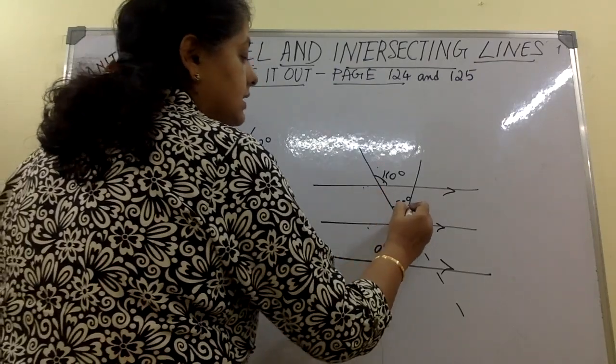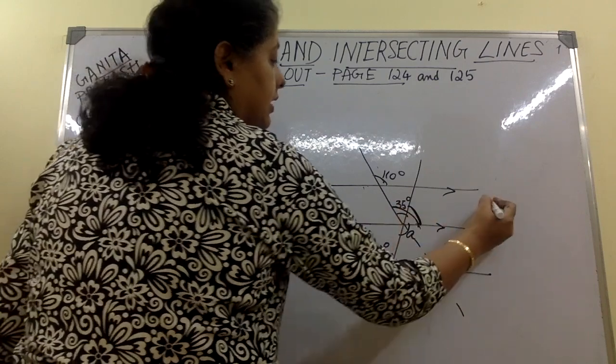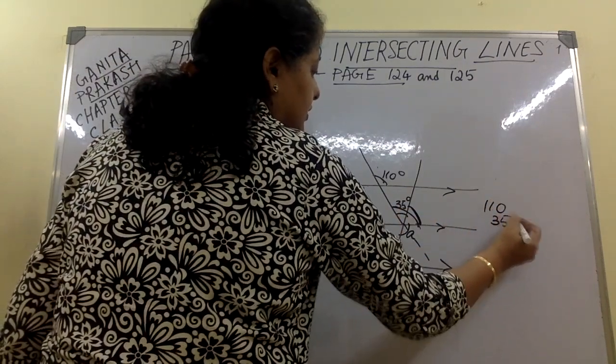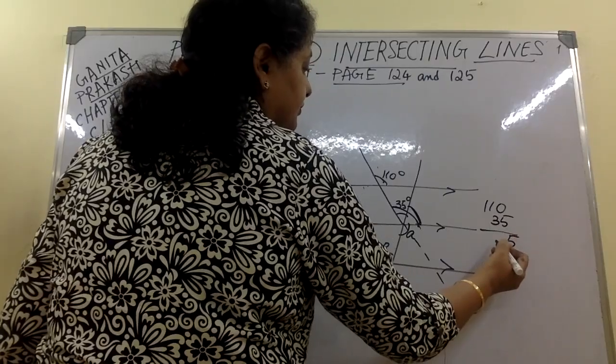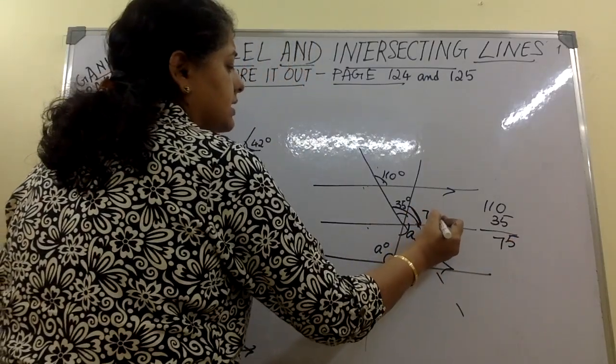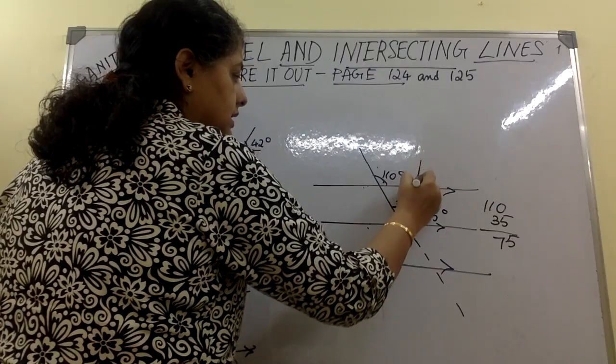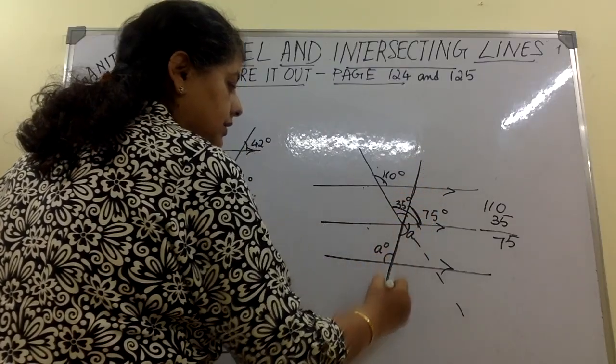In that case, how much is this part only? 110 minus 35, which is 75. Now if you see, this is a straight line, right?